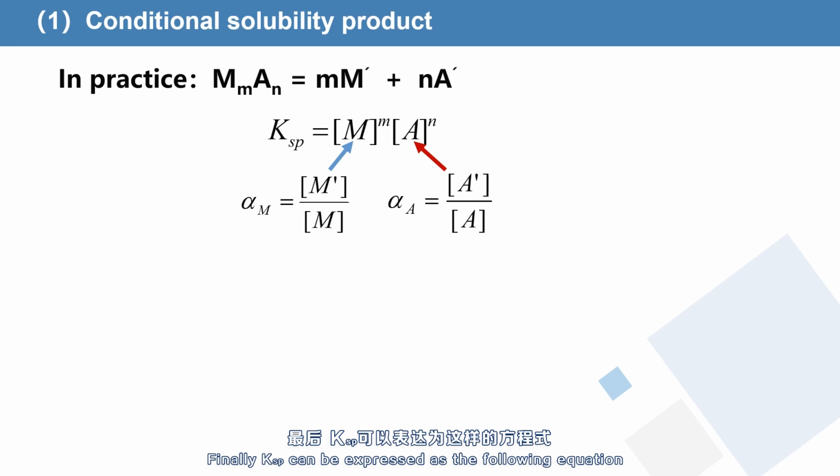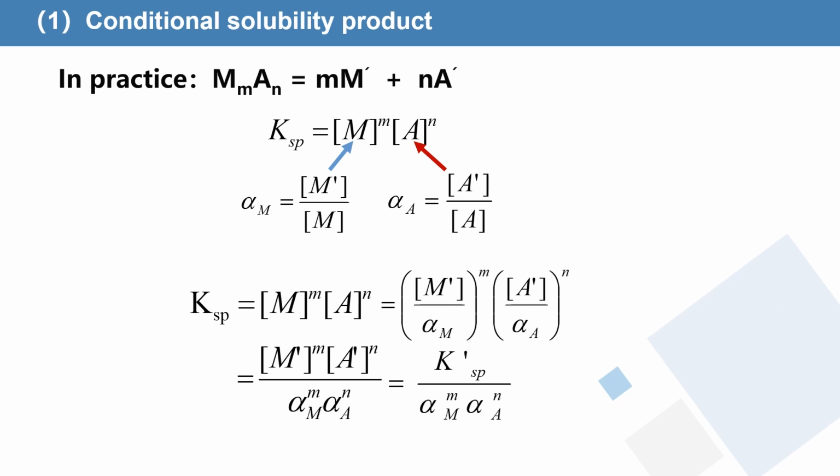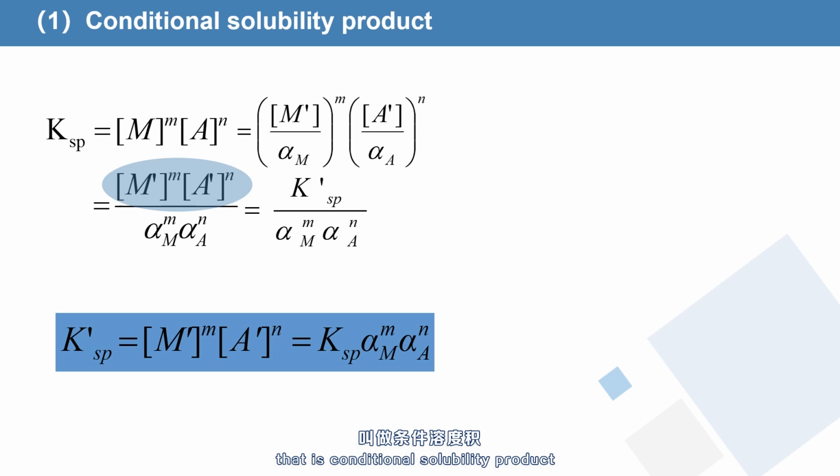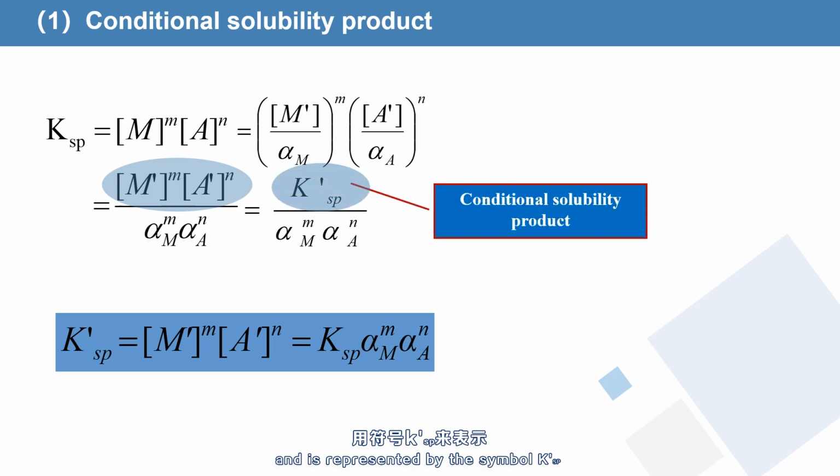Finally, Ksp can be expressed as the following equation. In this formula, M', A', is given a new definition, that is, conditional solubility product, and is represented by the symbol Ksp'.